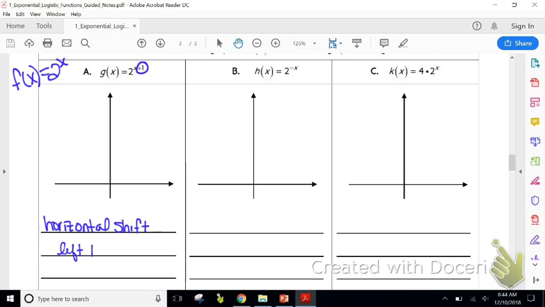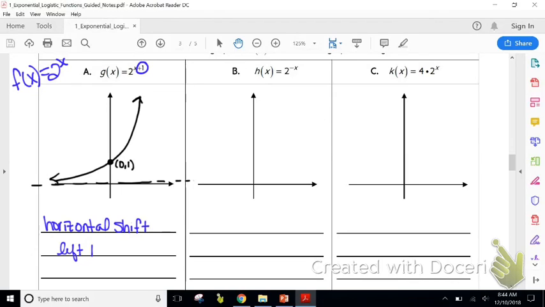So we know that our parent function, if it's f of x equals 2 to the x, is going to look something like this with our horizontal asymptote. Now for the parent function, what is this point right there? That's the initial value, which is what? 0, 1.